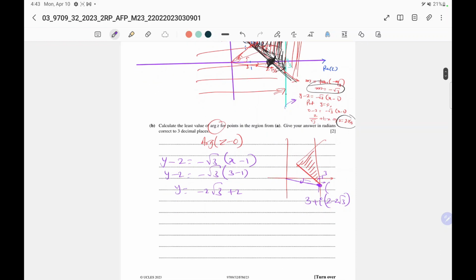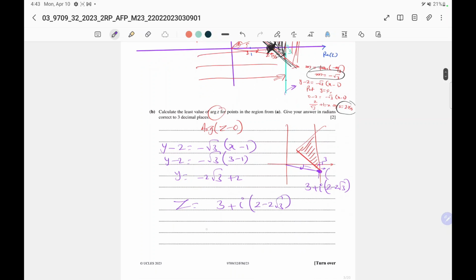So to calculate the least value of argument of z, our z is 3 plus (2 minus 2 root 3) i. Now it comes in the 4th quadrant, so the argument will be negative, we know that.